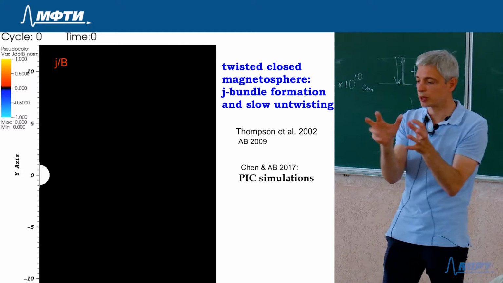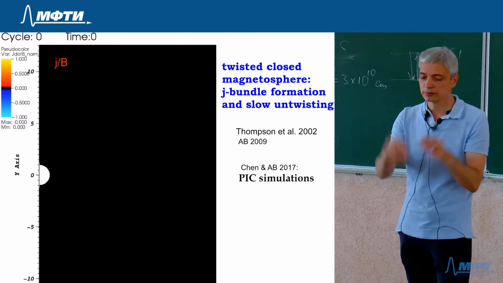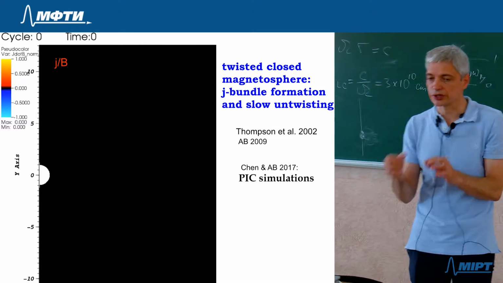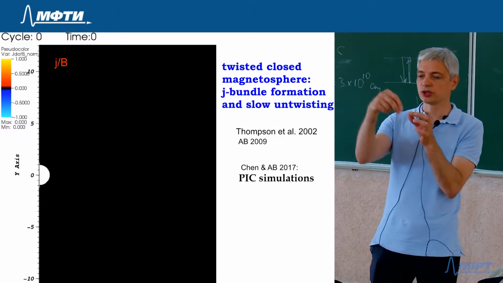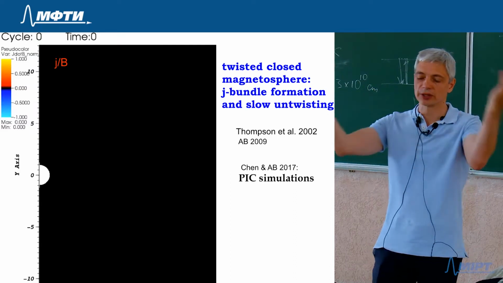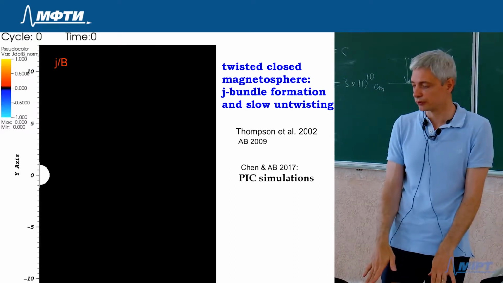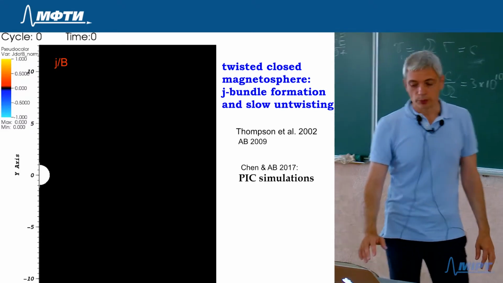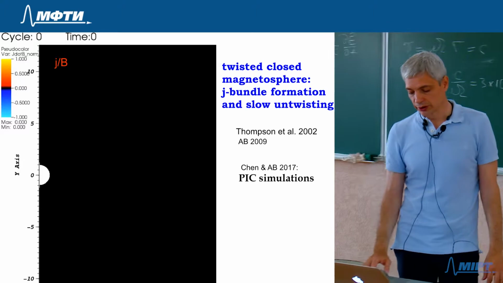That's the source of seed particles that can be lifted by electric fields. And then you add some simple version of that physics where induced electric fields would generate high energy particles, and these particles will produce resonantly scattered photons. So what happens then is that you begin to fill the magnetosphere with plasma.